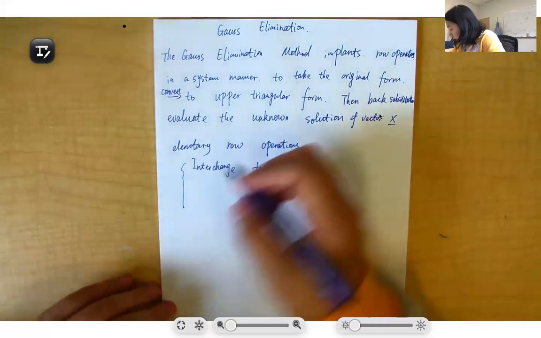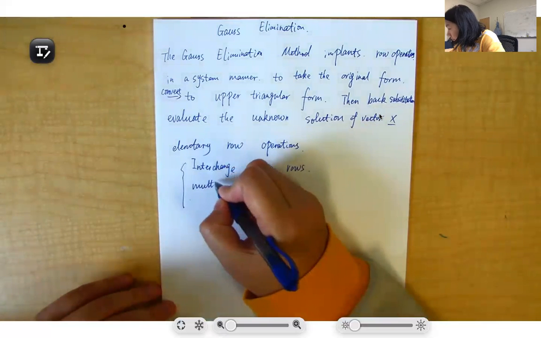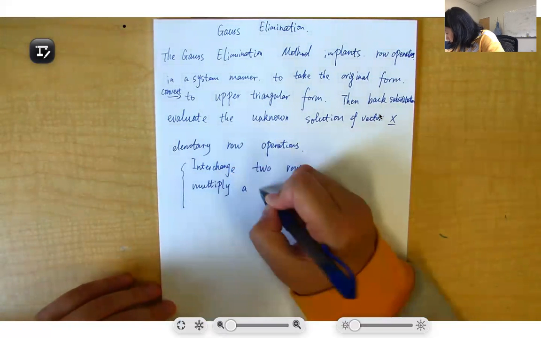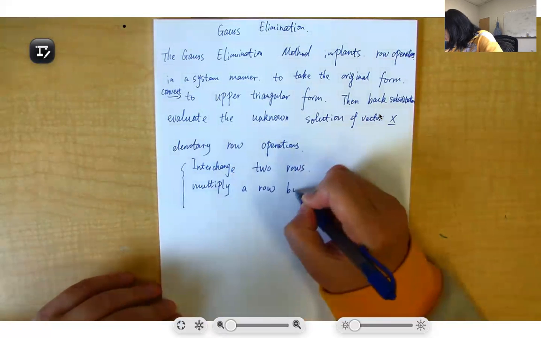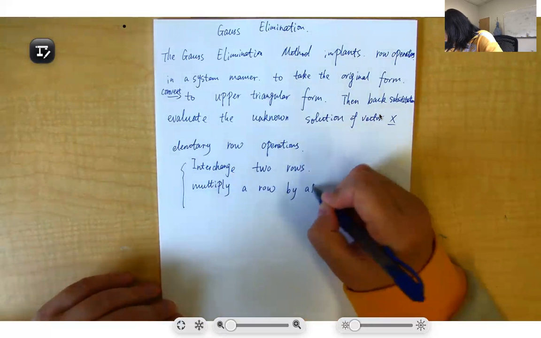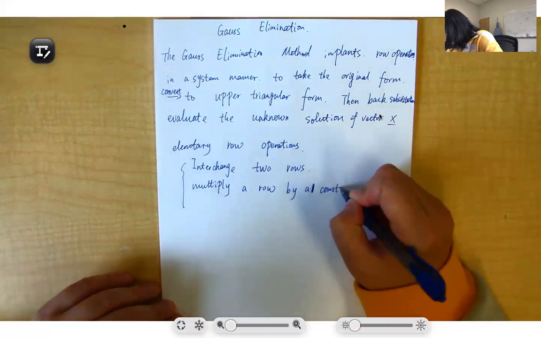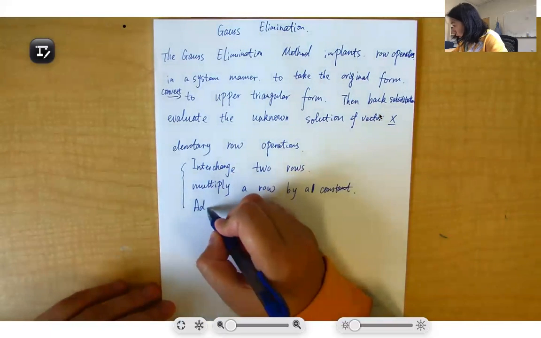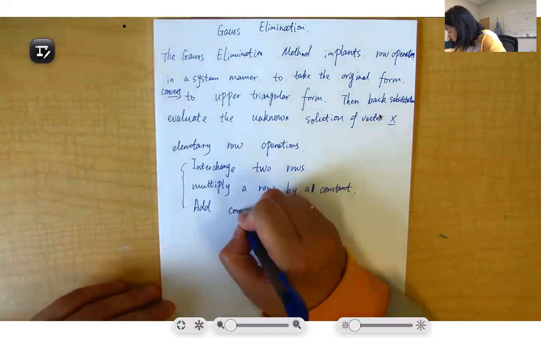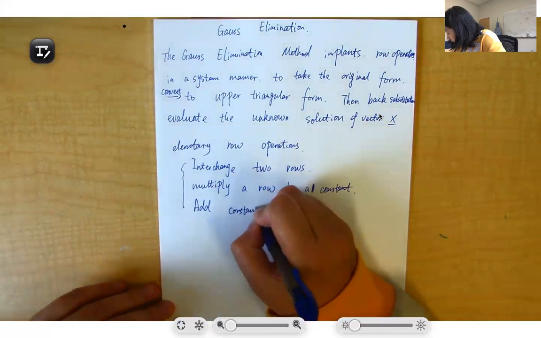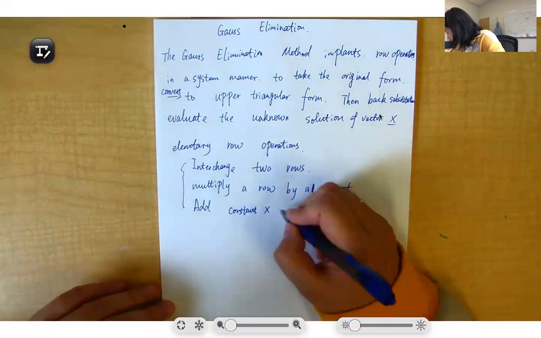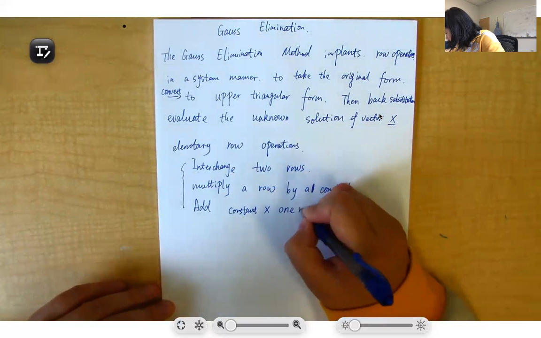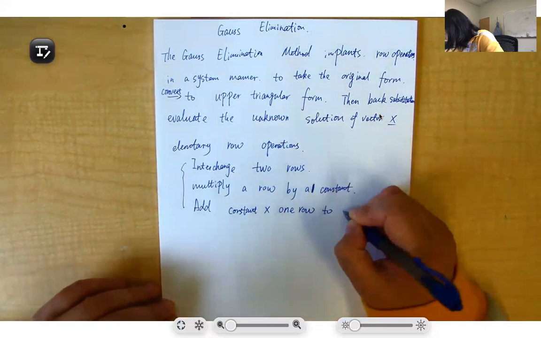The other one is multiply a row by a constant, or you can say by a scalar, or you can just add a constant times one row to another.